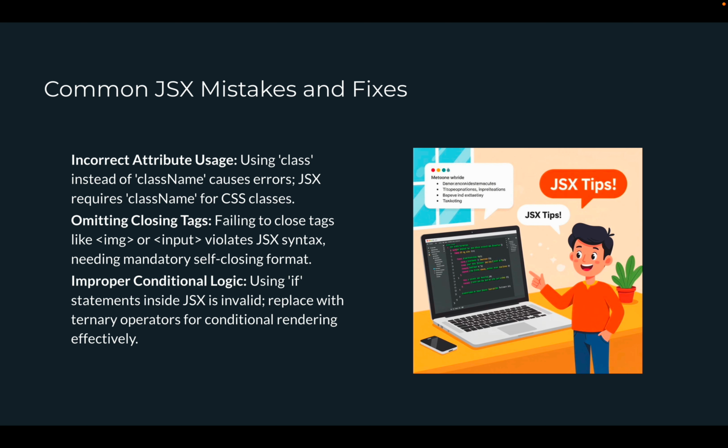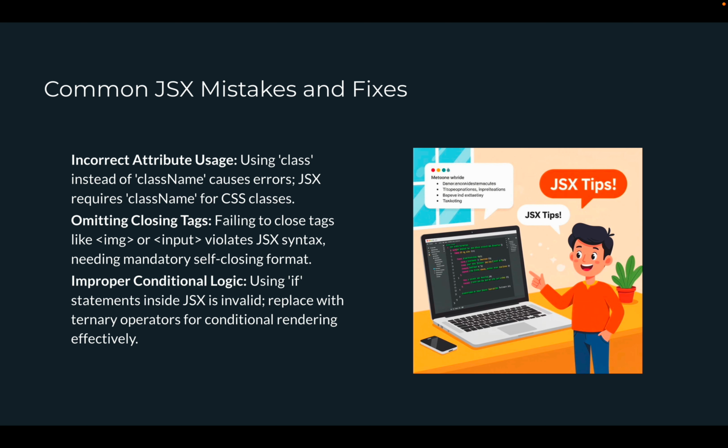Next, what are the common mistakes in JSX and how can we fix them? Incorrect attribute usage: in HTML we use class, but we have to use className in React.js or JSX. Next issue is omitting closing tags. We have to use closing tags in JSX, but in HTML for some tags we can omit them.